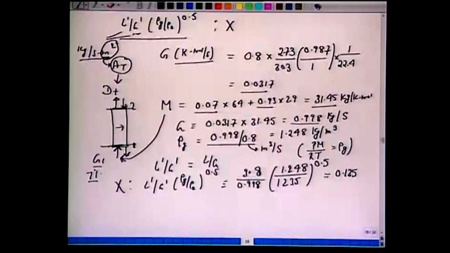Okay, and similarly we have to determine the quantity on the y axis. There we have G prime square Cf mu L to the power 0.1 divided by rho G times rho L minus rho G times Gc.